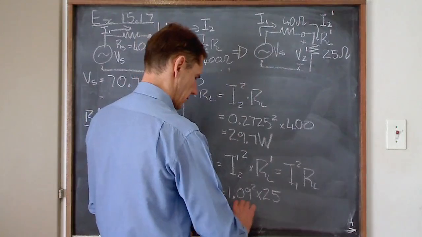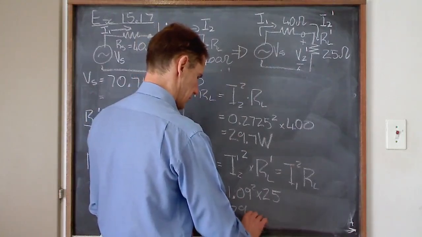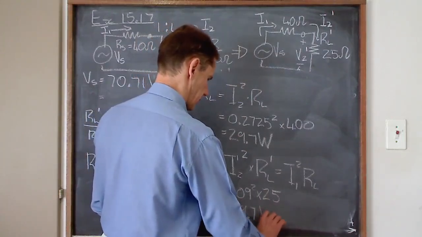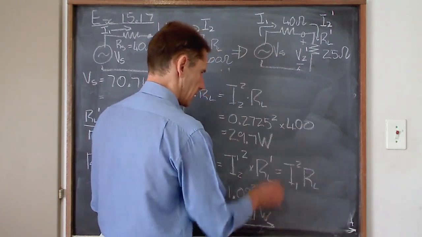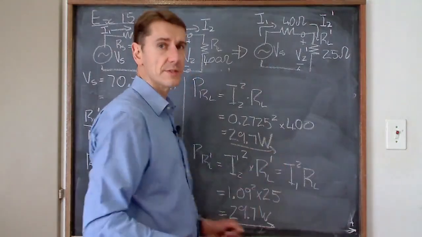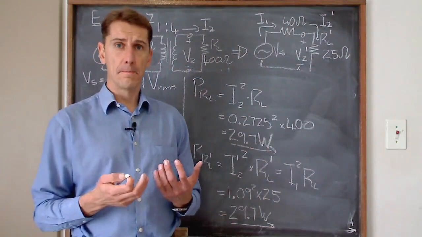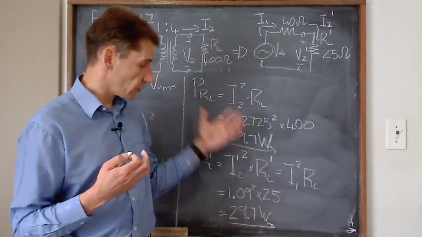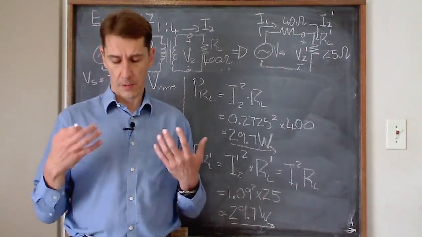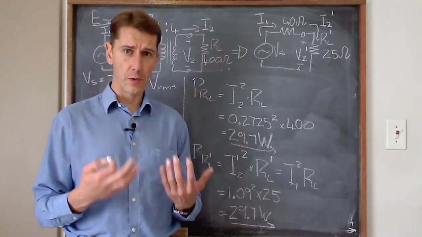And that will also give you more or less the 29.7 watts. So it doesn't matter what side you put your resistor or your load on. If you do the correct math and use the correct currents, the power that goes into the load remains unchanged.